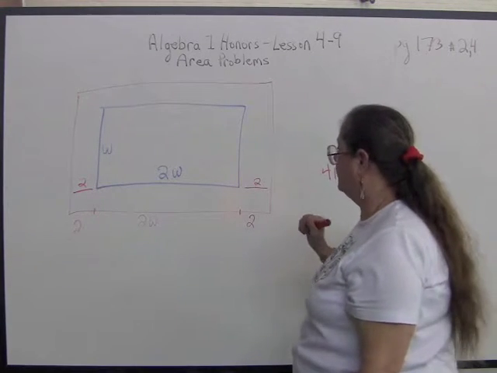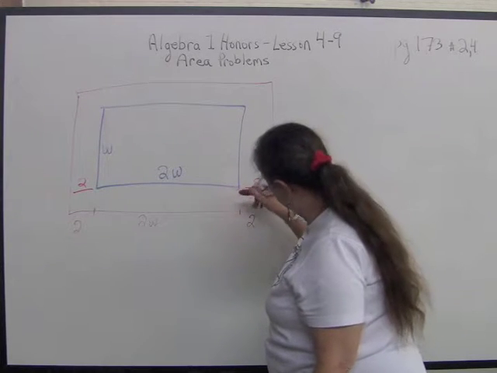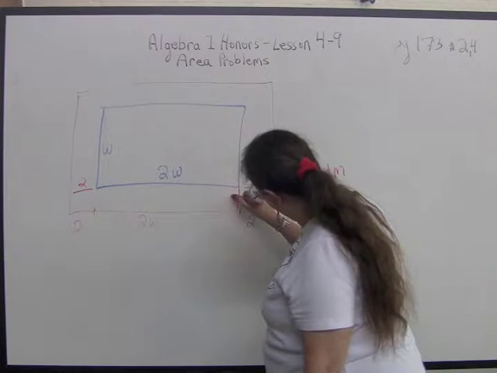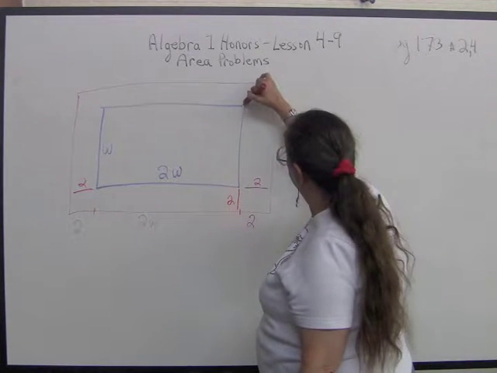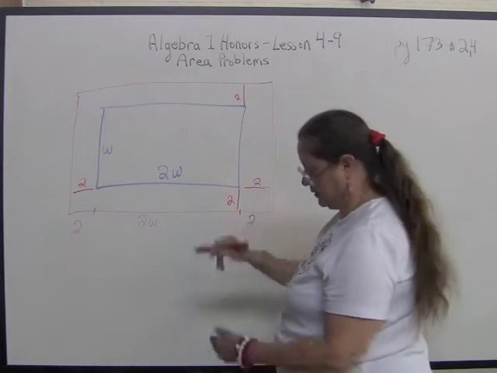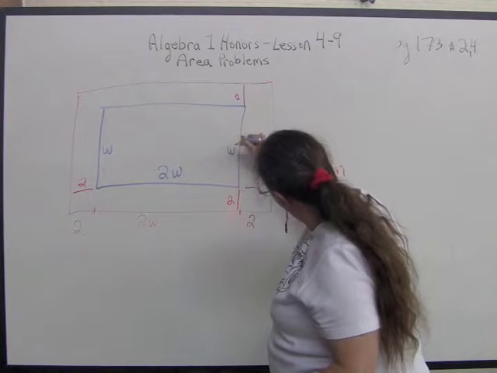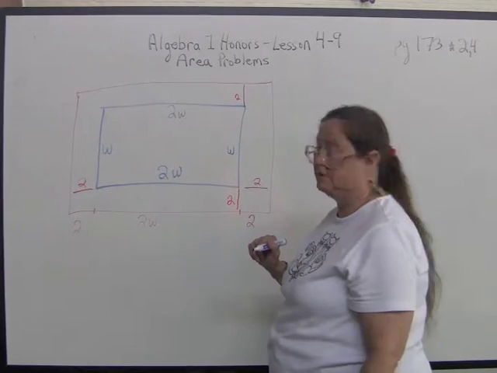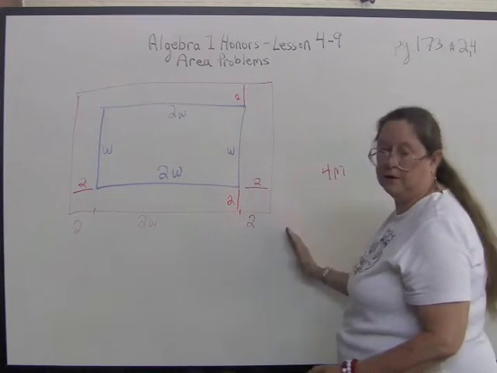Okay? Now, then my width, I want to increase my width. So that means I'm going to increase here by 2 meters and increase up here by 2 meters. Okay? Let me also put my W over there, and we'll stick the 2W up there just to keep it consistent. Now, how long is this side then going to be?